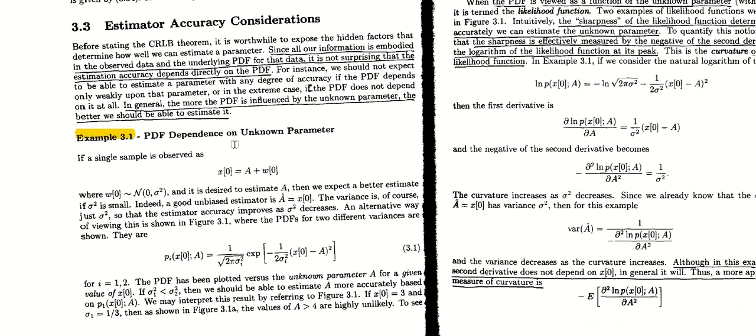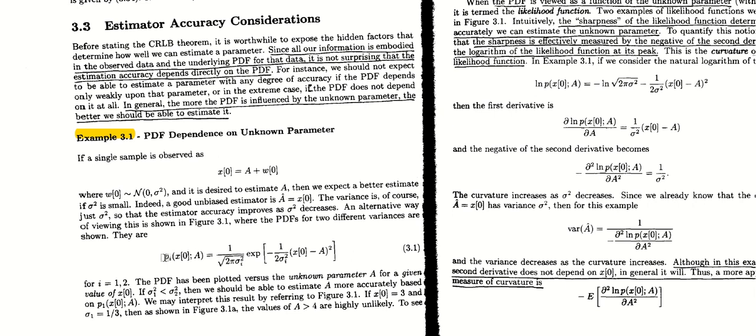We have a PDF dependent on the unknown parameter. The signal model looks like this: you have data equal to A plus noise, and that noise is Gaussian distributed.